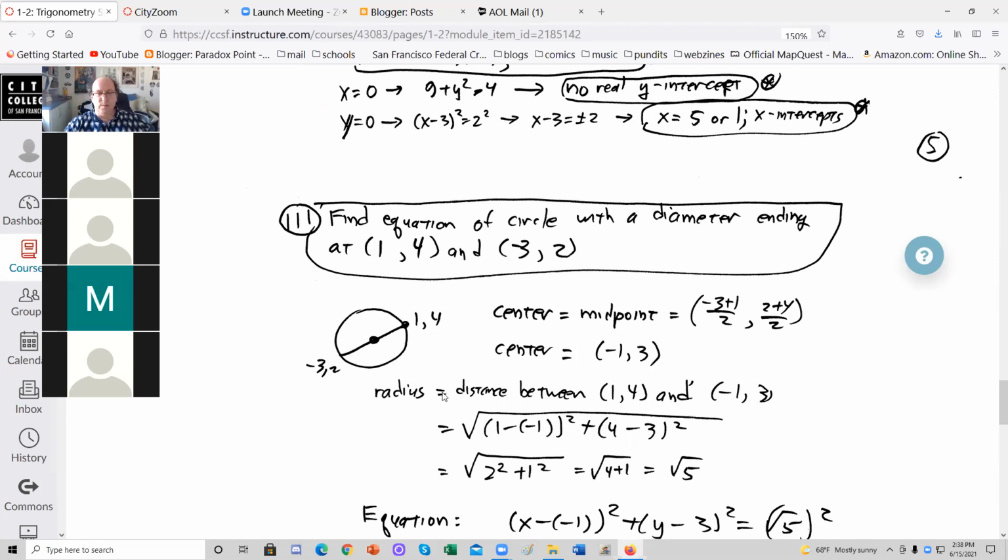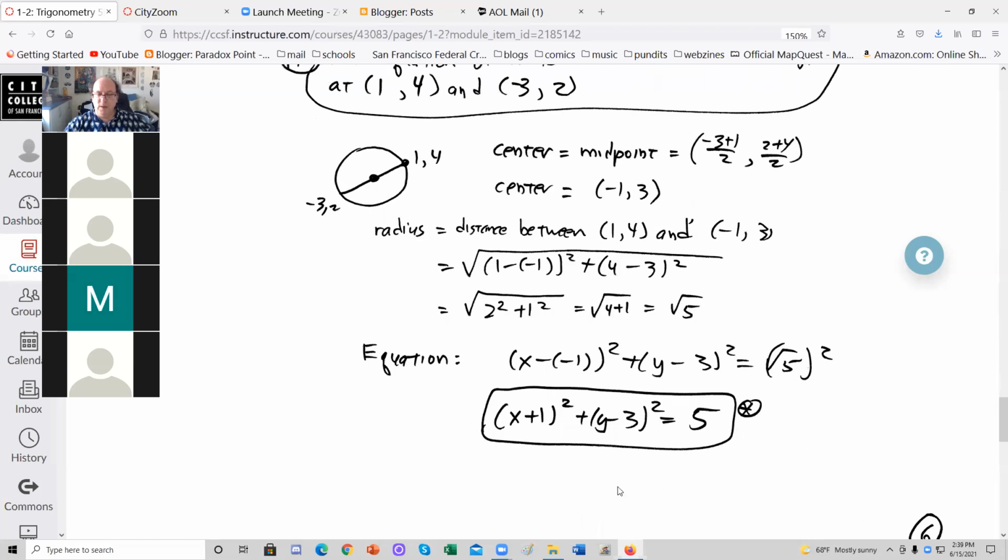The radius will be the distance between this point, (1, 4), and (-1, 3). So it'll be the square root of (1 minus -1) squared plus (4 minus 3) squared. That's 2 squared plus 1 squared, that's 4 plus 1, and the root of that is √5. So remember, the equation is (x minus h) squared plus (y minus k) squared equals r squared.